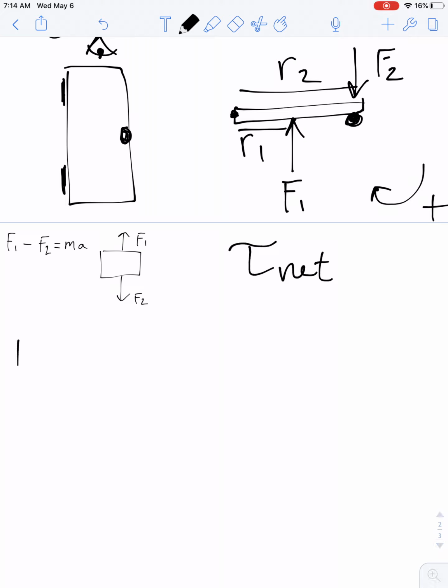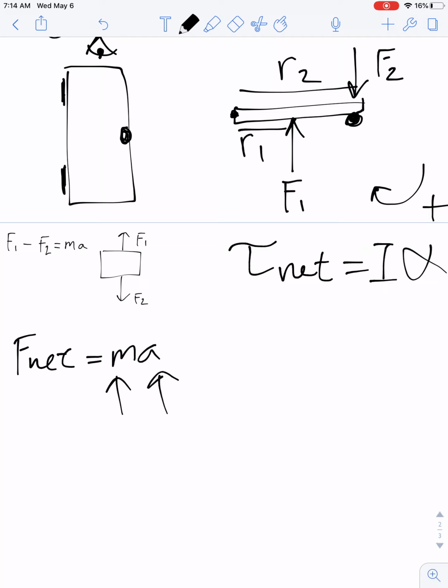So instead of F net equals ma, we have torque net equals, and instead of mass, we have I. So we're going to have I for inertia, and then acceleration will be angular acceleration. So we have two new terms that we've seen before, at least briefly, and that is the net torque is equal to the inertia of the object times the angular acceleration of the object.